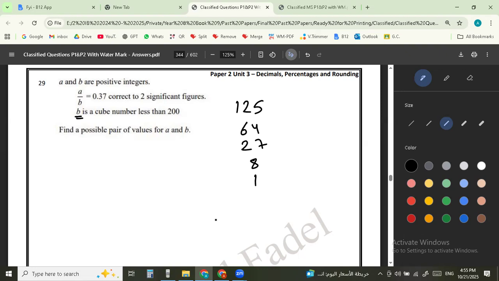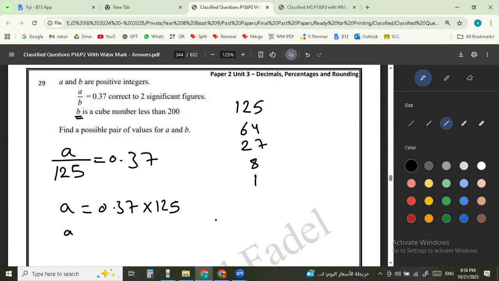So if B is any of them, let's say, for example, that B is 125, then A over 125 equals 0.37. How can I find A? Well, A equals 0.37 multiplied by 125.